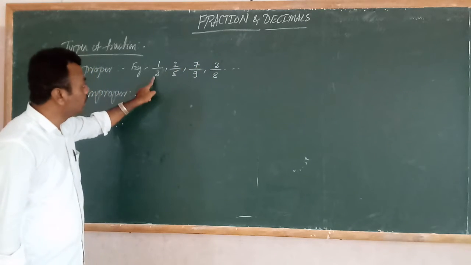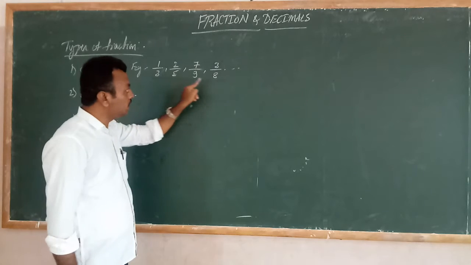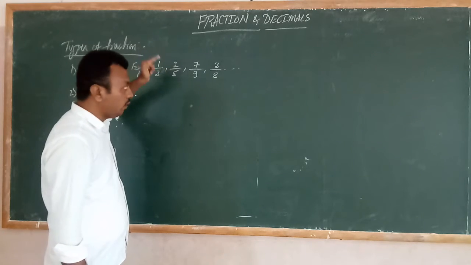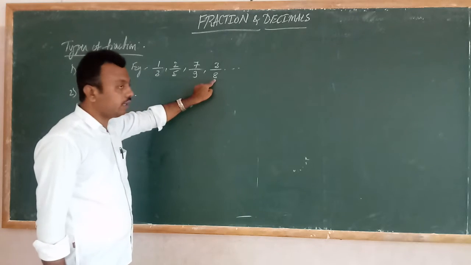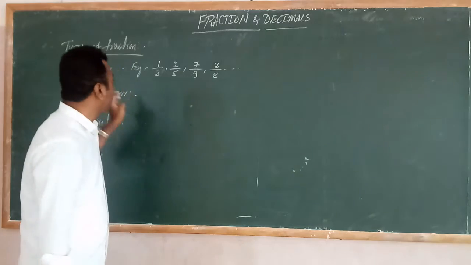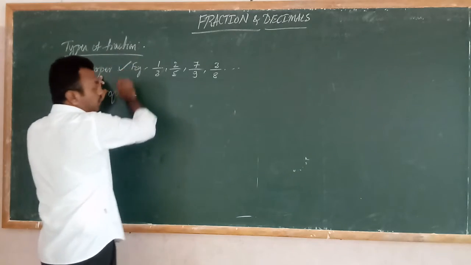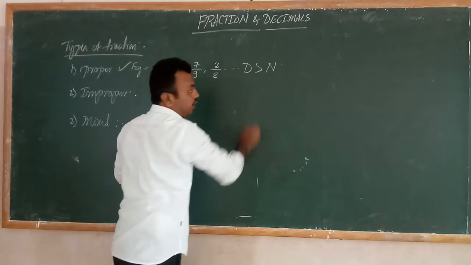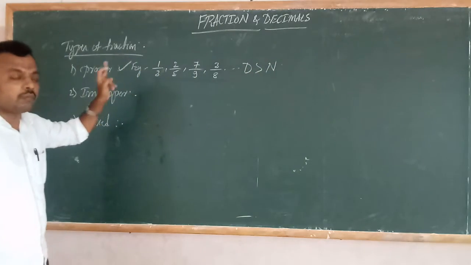In these fractions, all the denominators are greater than the numerators. Is it right? Therefore, when the denominator is greater than the numerator, this type of fraction is called a proper fraction. That's why we call it a proper fraction.